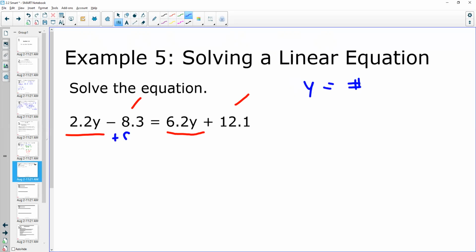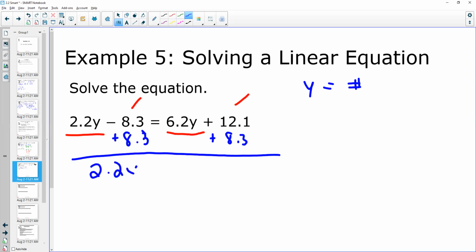So I'm going to add 8.3 to take it from the left to the right. So I get 2.2y equals 6.2y plus, oh geez, I need to add 20.4. And now I can go through and move the y's.